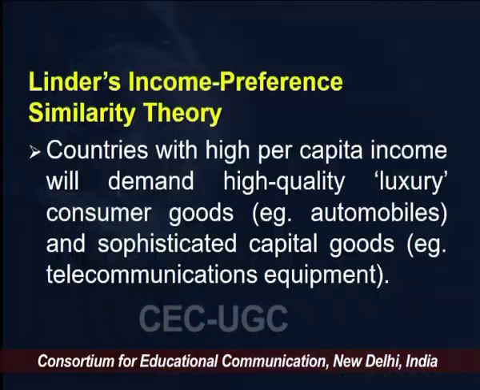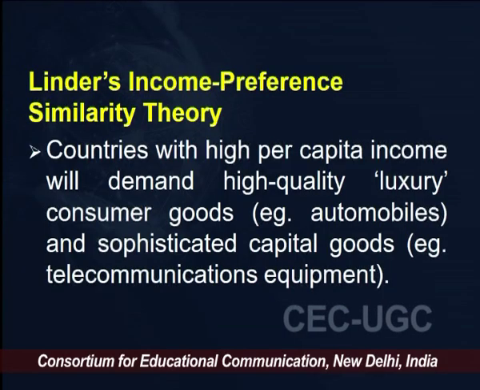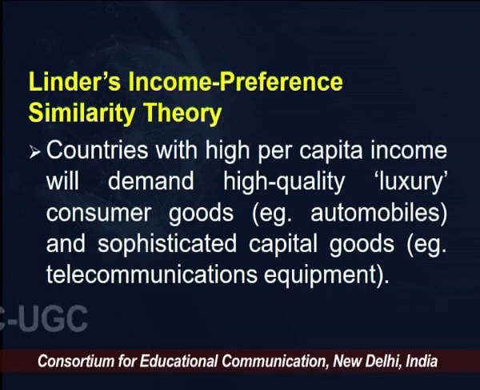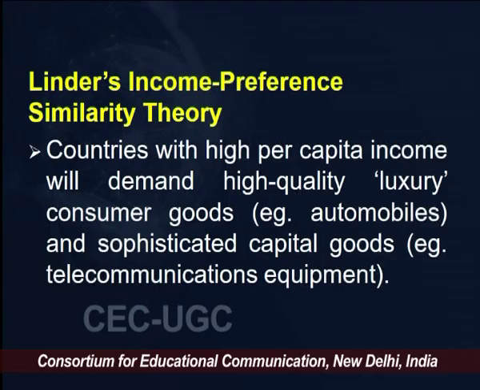The most important determinant of demand was average per capita income. Countries with high per capita income will demand high quality luxury consumer goods, for example automobiles, and sophisticated capital goods, for example telecommunications equipment. So there is much higher demand for these types of superior quality, high price products in the countries which have a very high per capita income.